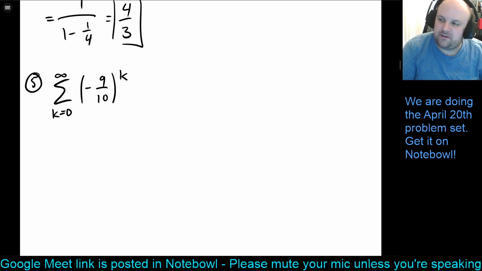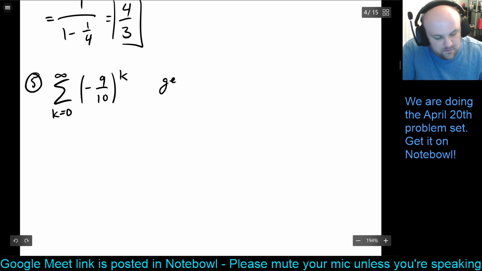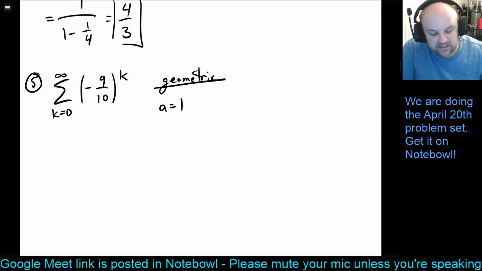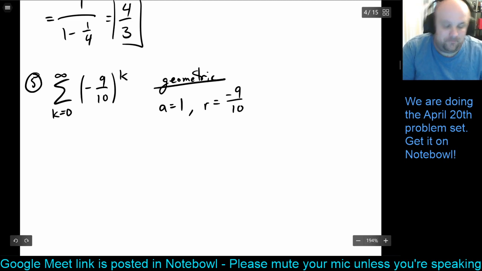So what do we have here? We have another geometric series. A, again, is 1 here, because everything is to the kth power. And r is, well, negative 9 over 10. Right?